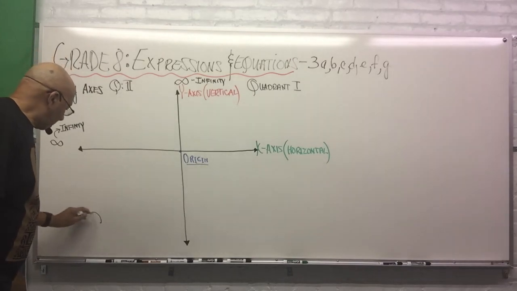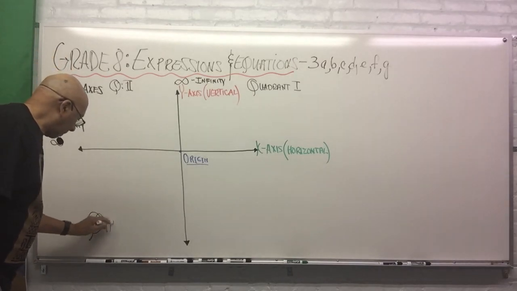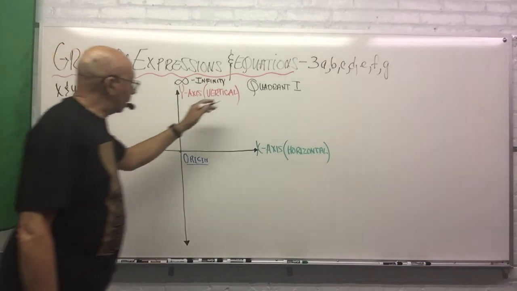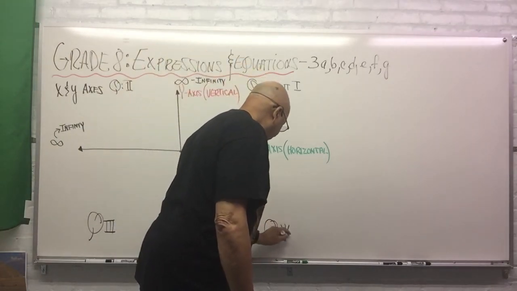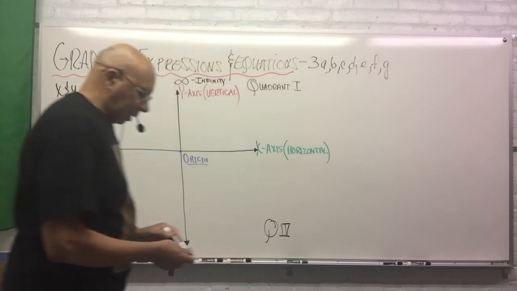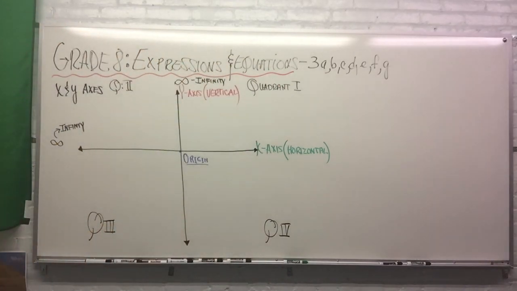Below is quadrant 3. And here below is quadrant 4. So we have 4 quadrants on our coordinate plane.